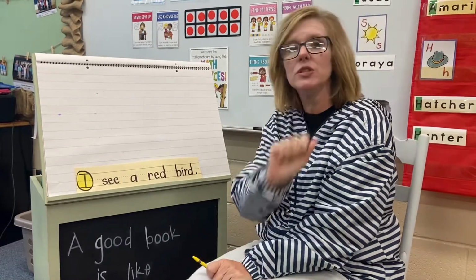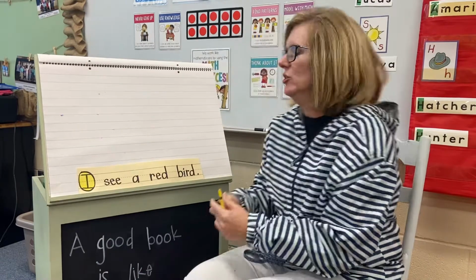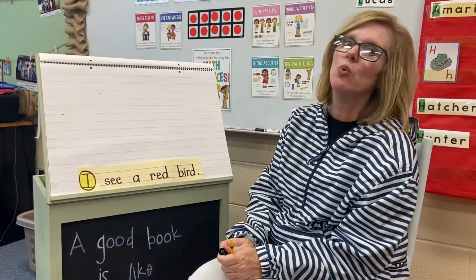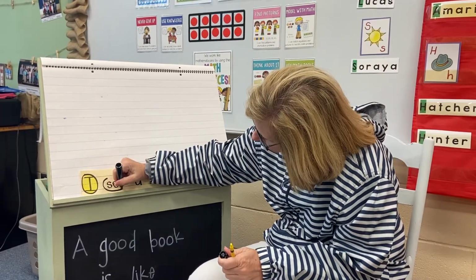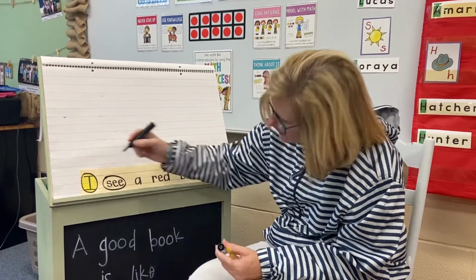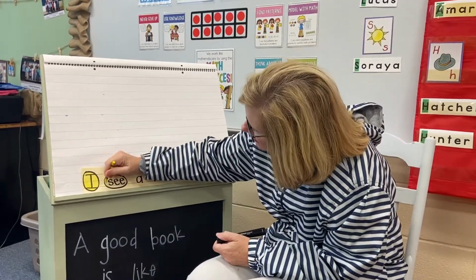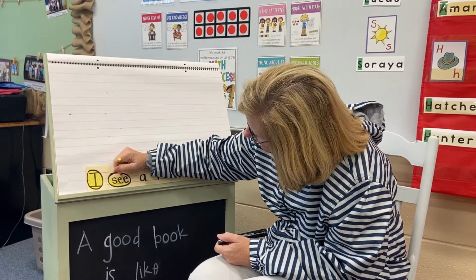Now I see one more sight word that I know. And I learned it when I read I See Colors, and it's the word see. Not the letter C, but the word see. And I'm going to circle it right here. This is the word see. And I'm going to color it yellow because it's a sight word.